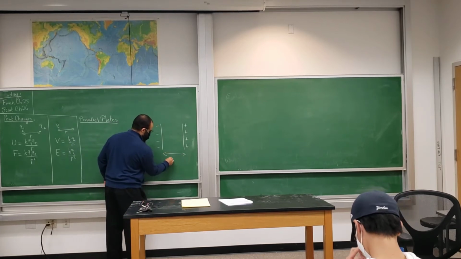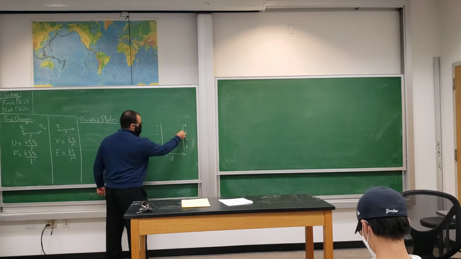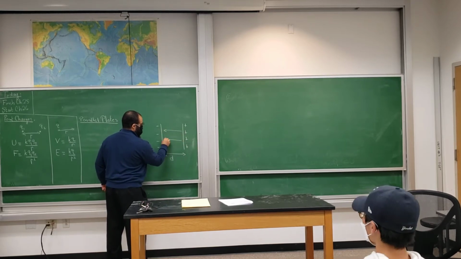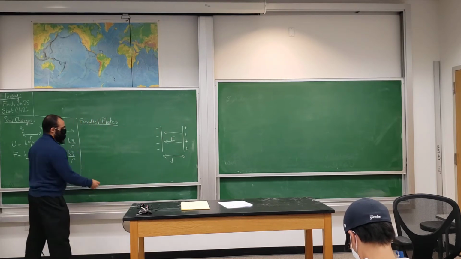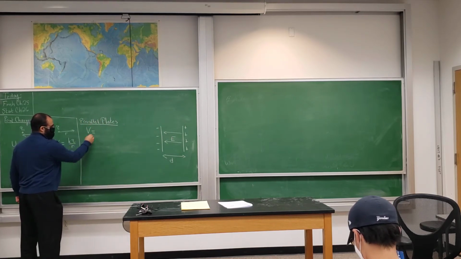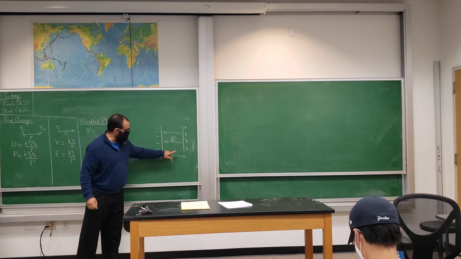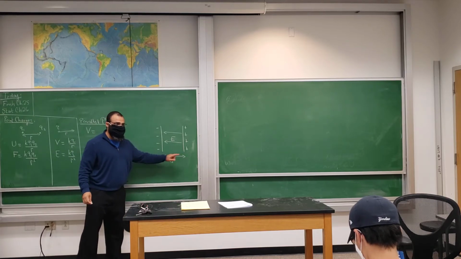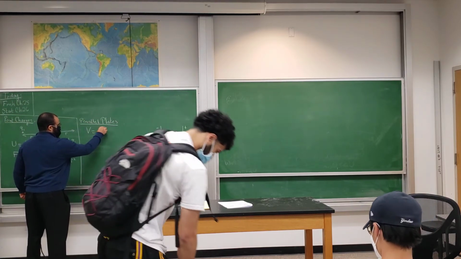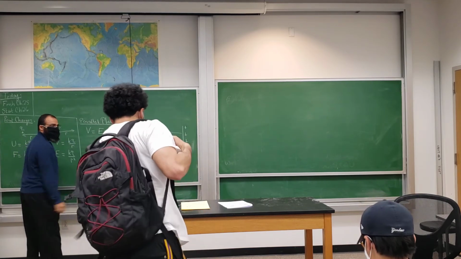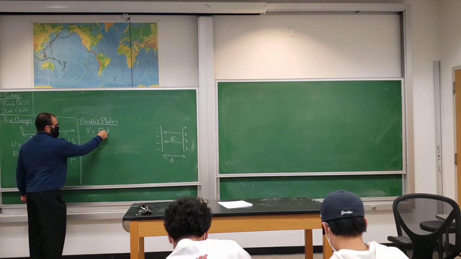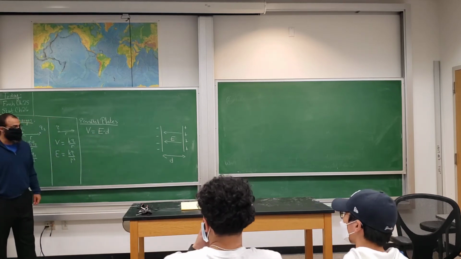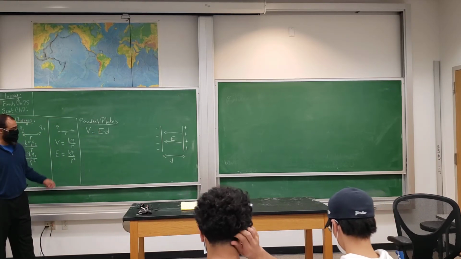The electric field, of course, is in this direction. That's the electric field. We said the potential difference between the plates, if this is at 0 and this one is at the distance d, is just the magnitude of the electric field times d. Electric field times the distance between the plates.